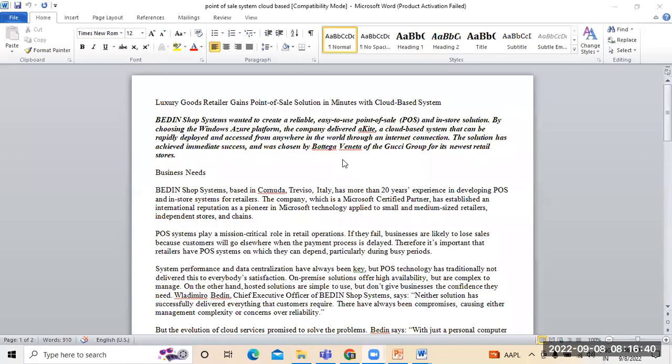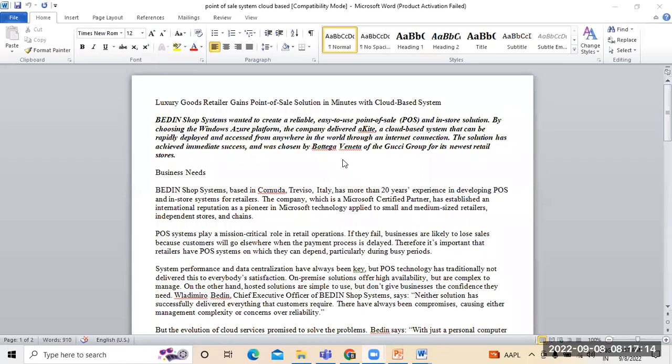Cloud-based point of sale system means the POS application will be developed on a cloud environment using a cloud service provider. They had a certified partner for Microsoft, so they chose the Windows Azure platform, because if you want to develop a cloud application, you require a cloud platform to develop it, something like AWS, right?